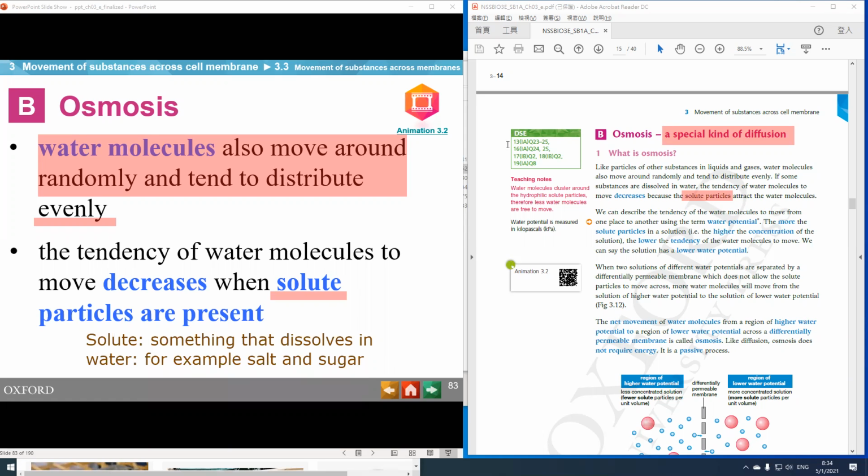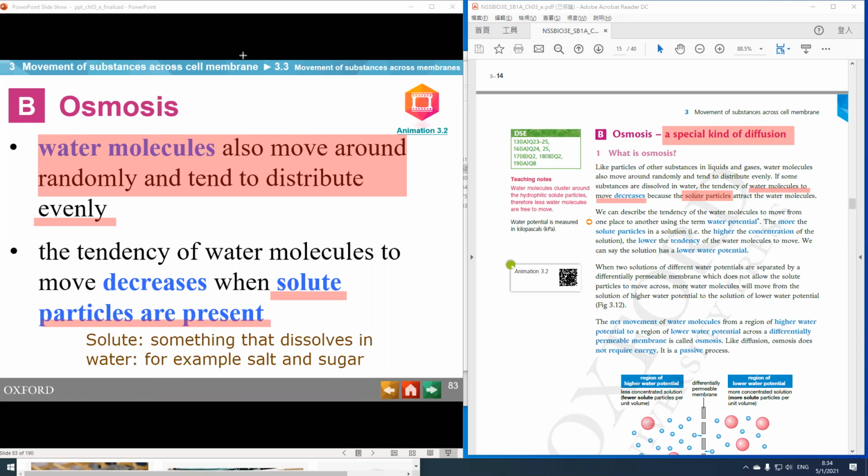Okay? When there are solute particles, water molecules don't like to move away. The tendency of water molecules to move decreases.